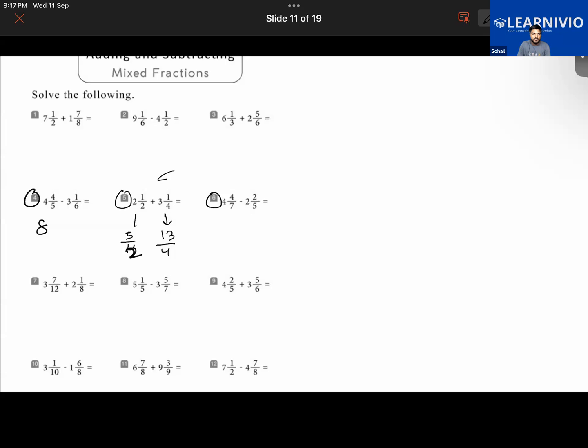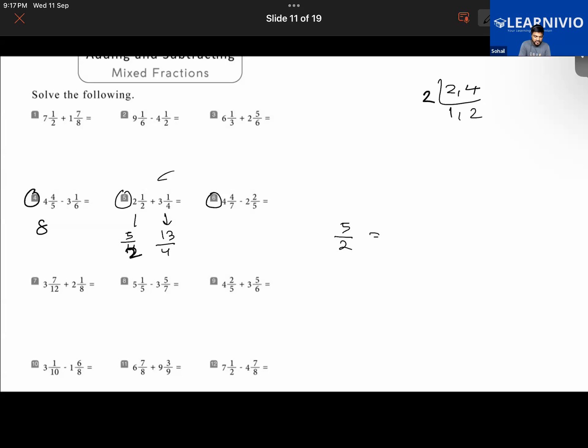I got the answer. What answer are you getting? 17 upon 4. No, that isn't correct. See, 5 upon 2, the LCM of 2 and 4, you should be getting the LCM as 4.